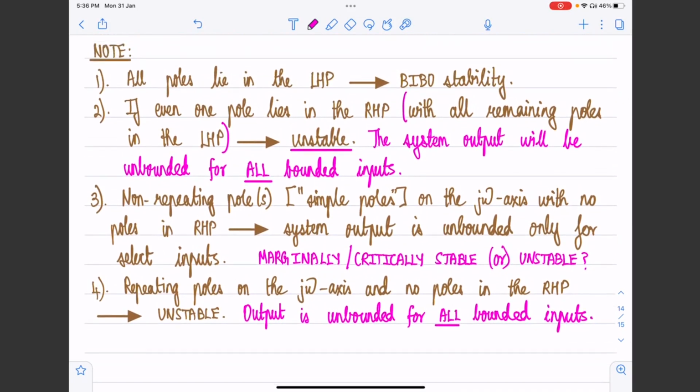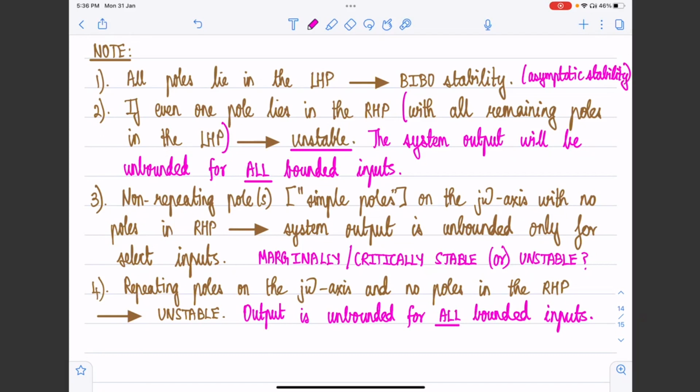The main thing we need to remember is that for BIBO stability, we need all poles to lie to the left of the complex plane. We will later see that when we go to automatic control, the criterion for so-called asymptotic stability of this class of systems is also the same. These two terms are used interchangeably.